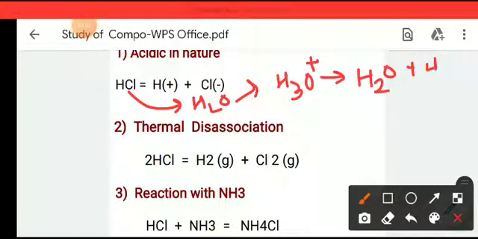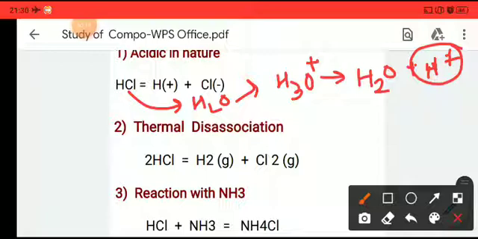As we know, any substance that gives or donates H+ is called an acid. So the aqueous solution of HCl, that is hydrochloric acid, is called an acid. Okay, so the aqueous solution of hydrogen chloride gas is the acid, named hydrochloric acid.